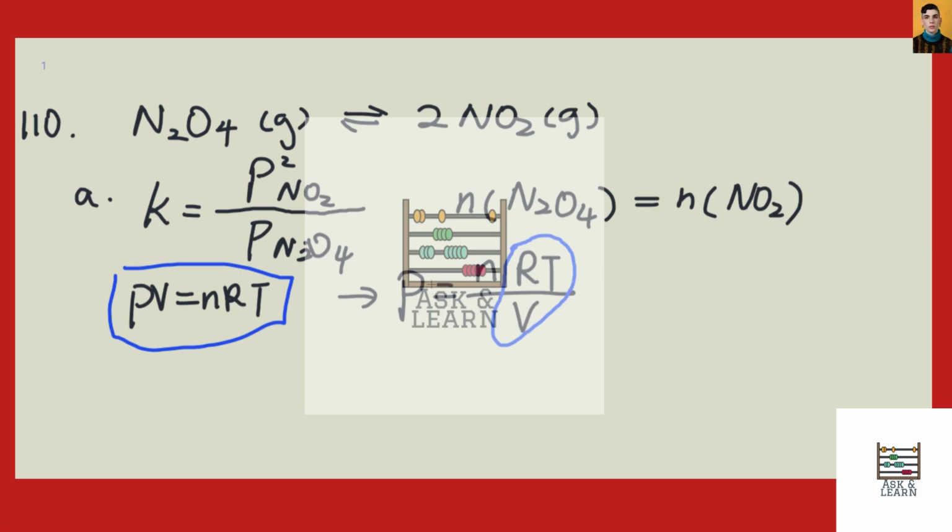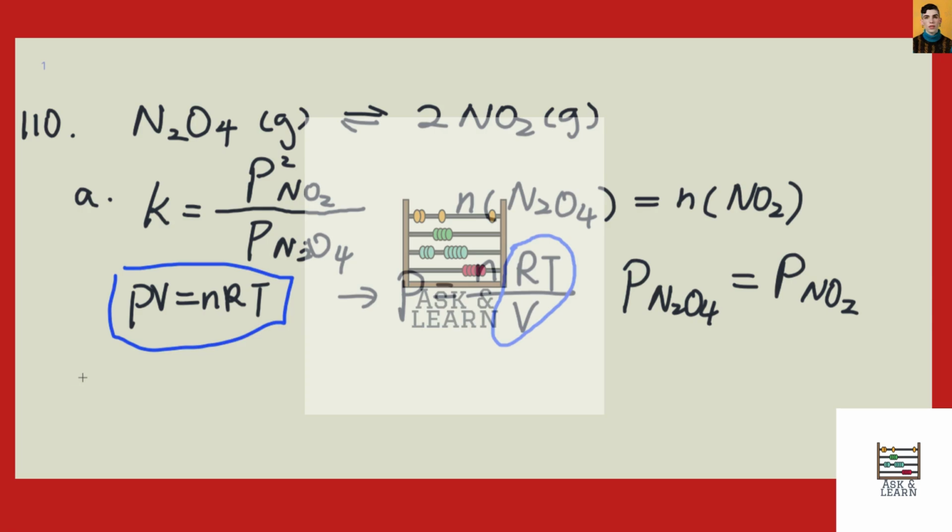So P will only be proportional to n, the moles of the molecules. And if n of N2O4 equals the moles of NO2, that indicates that the pressure of N2O4 will be the same as the pressure of NO2.